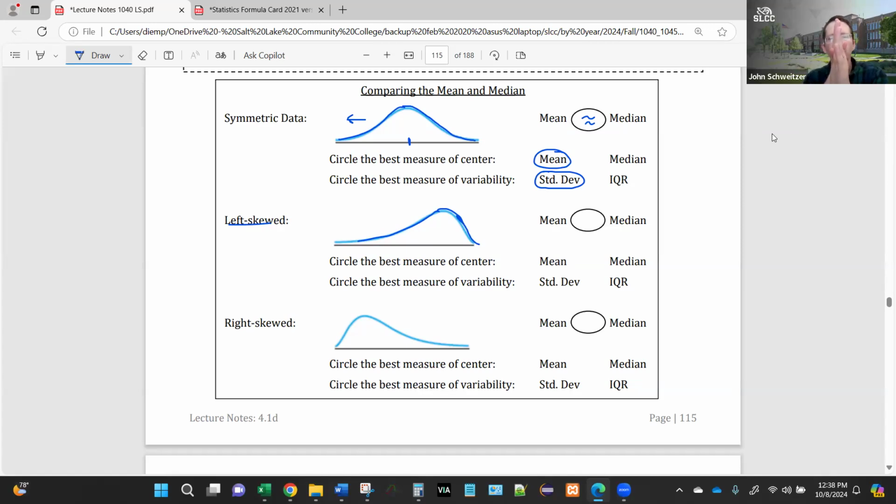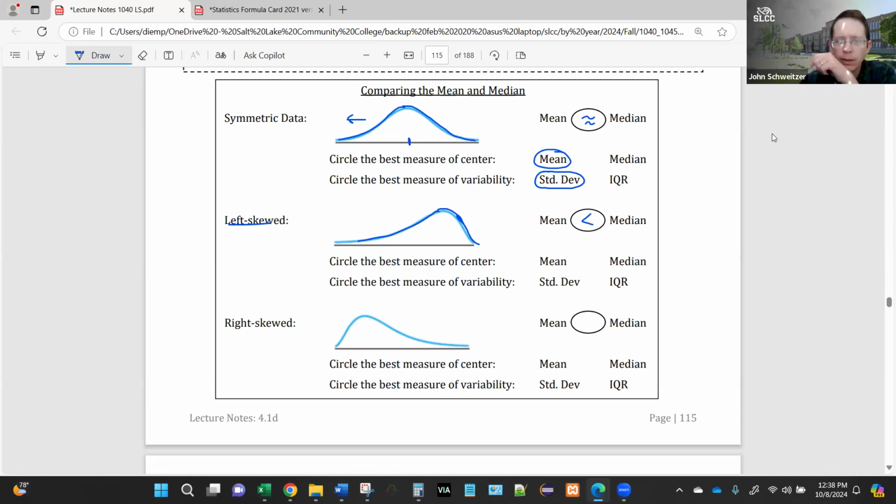But if you introduce some left skew, then what happens? Well, the mean, being more sensitive to the outliers and the skew, will get pulled further to the left than the median. So in that case, the mean would be less than the median.